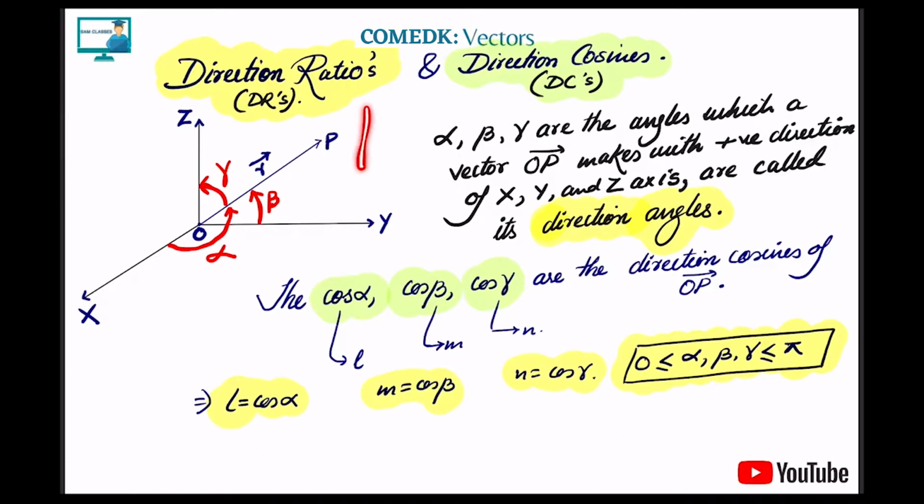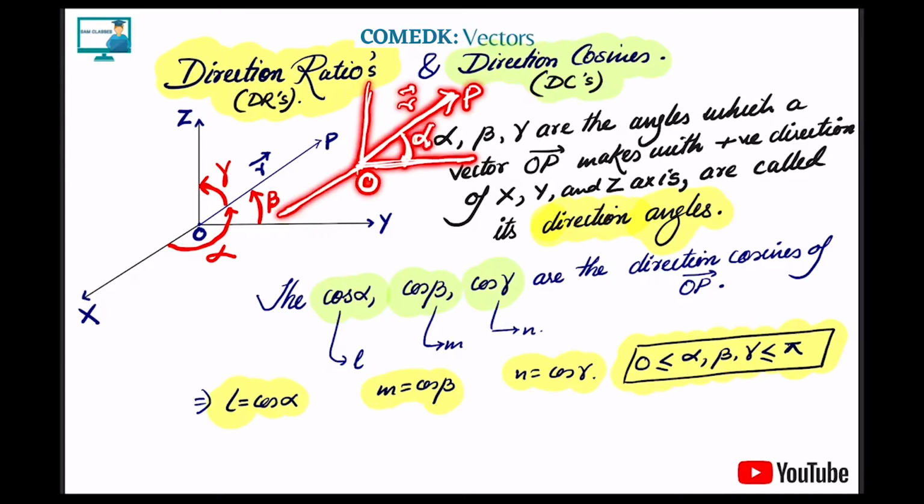Let's say we have drawn a vector, one line or a vector. So this OP is a vector, let's say R vector. Now it is making some angles with positive x-axis, with positive y, and with positive z.